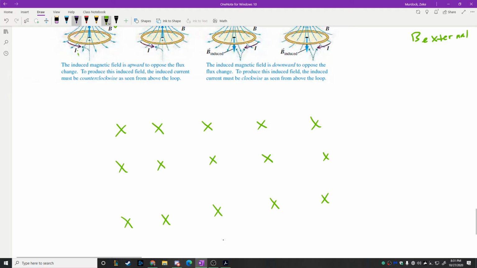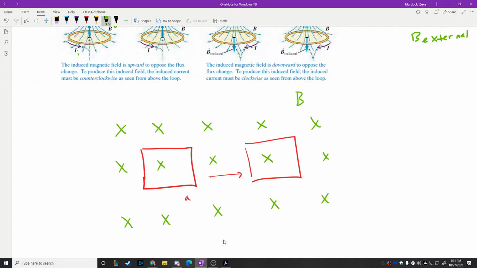And we ask the following 3 questions. So let's say I have a metal loop here, and it moves from there at point A, and it moves over here to point B. And let's say that that magnetic field is uniform. No change, right? If the magnetic field is uniform and the loop moves from here to here, the flux doesn't change.